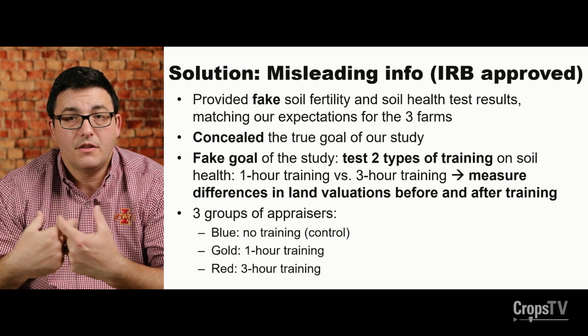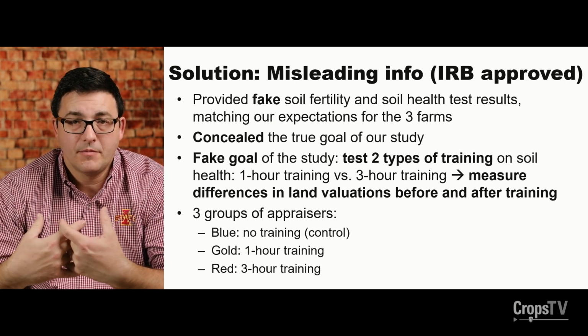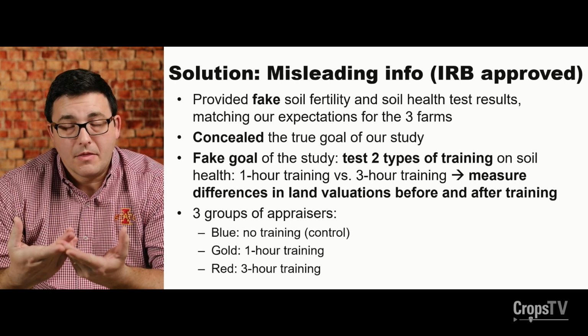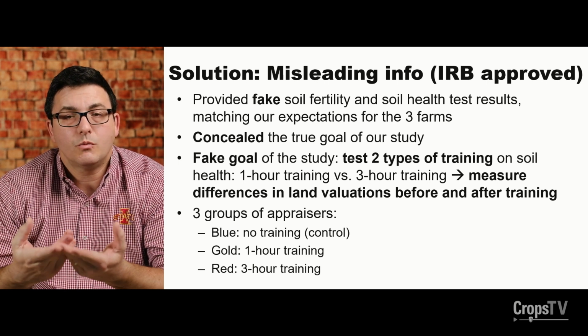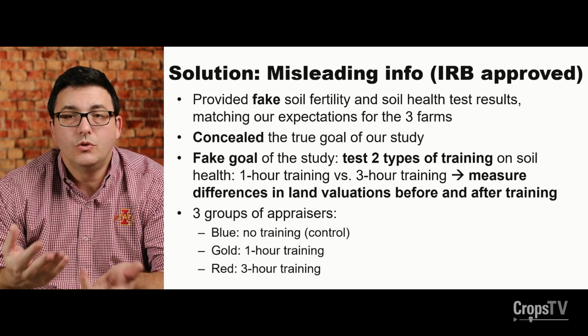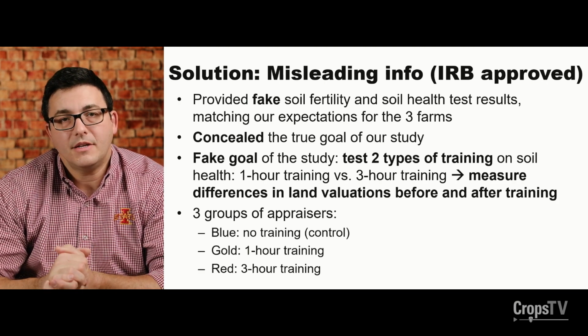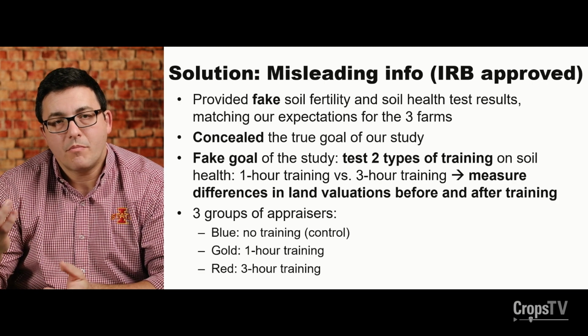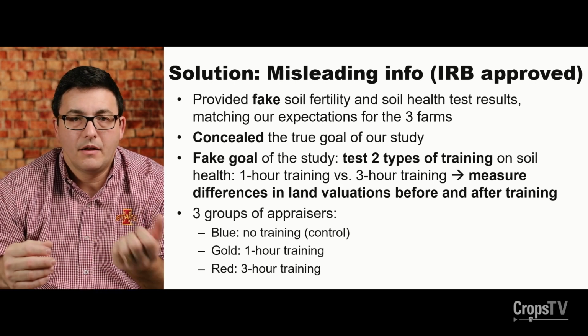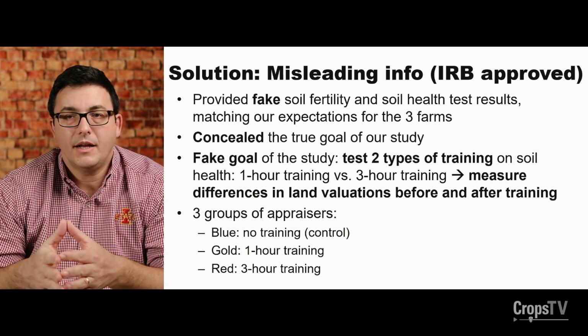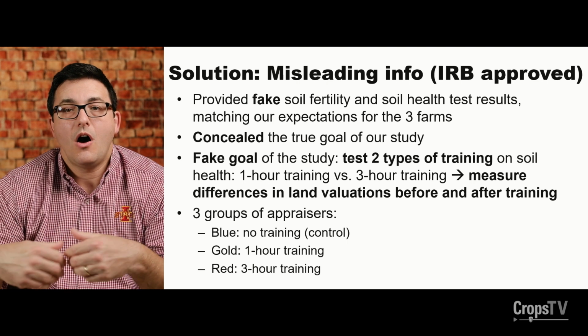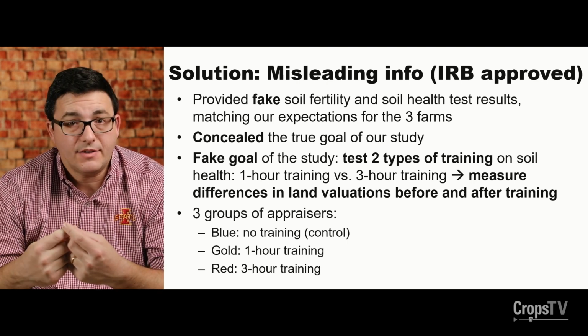We concealed the true goal of our study, and we told the appraisers that we were trying to test 2 types of training on soil health and see how they perceived those trainings and whether those trainings made any difference at the time of appraising land.